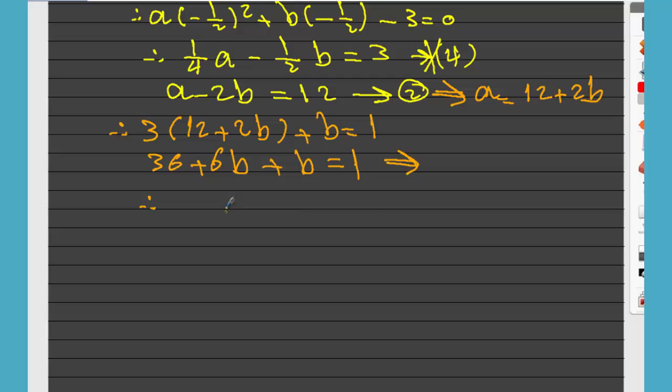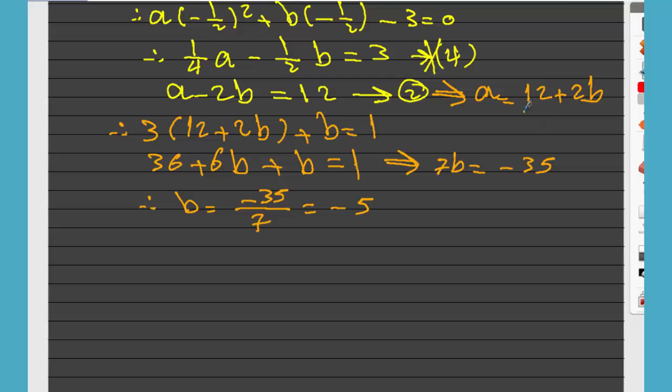So 6b plus b is 7b, right? Equals 1 minus 36 equals negative 35. So b equals negative 35 over 7 equals negative 5.